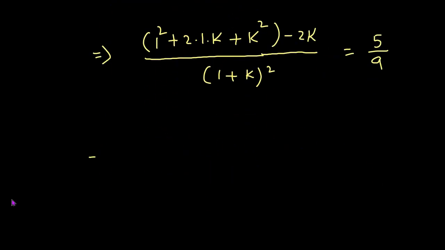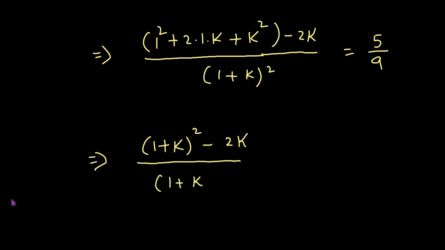Next, we can use the (a + b)² formula. We can write ((1 + k)² − 2k)/(1 + k)² = 5/9.